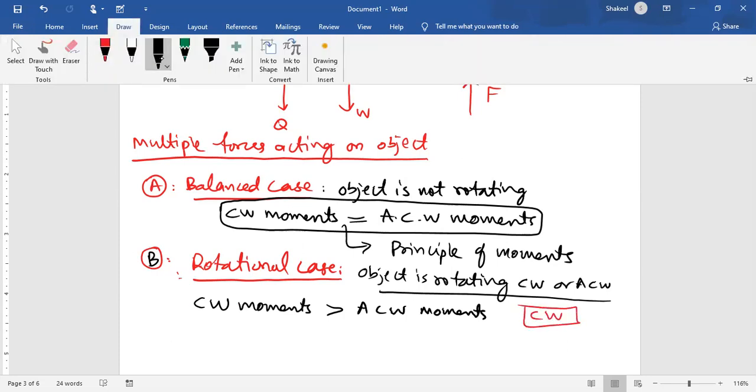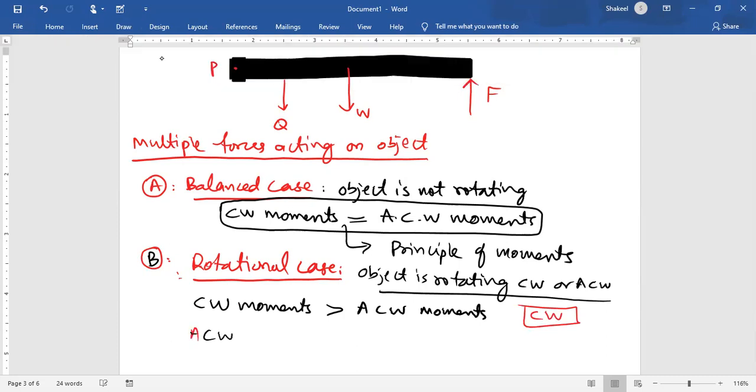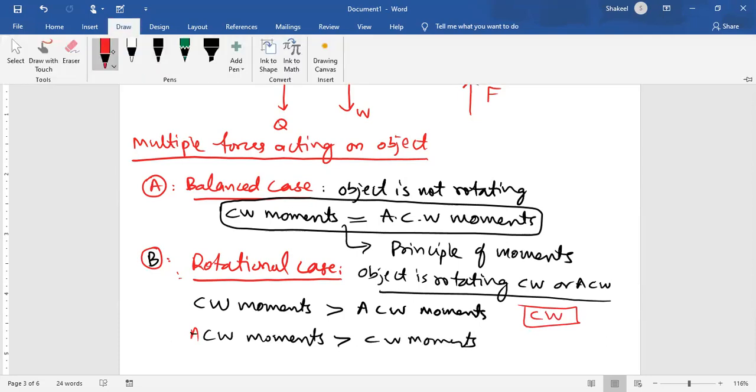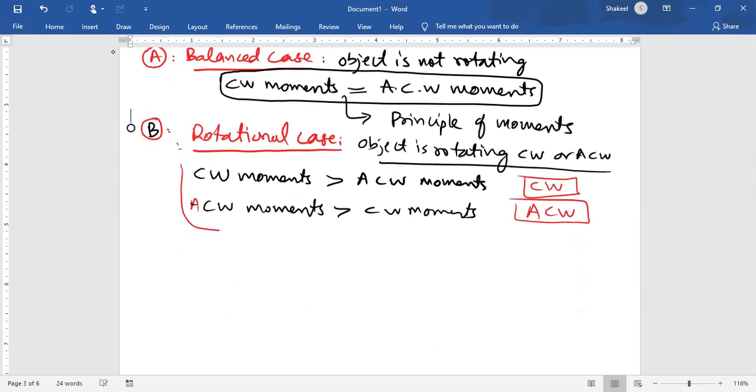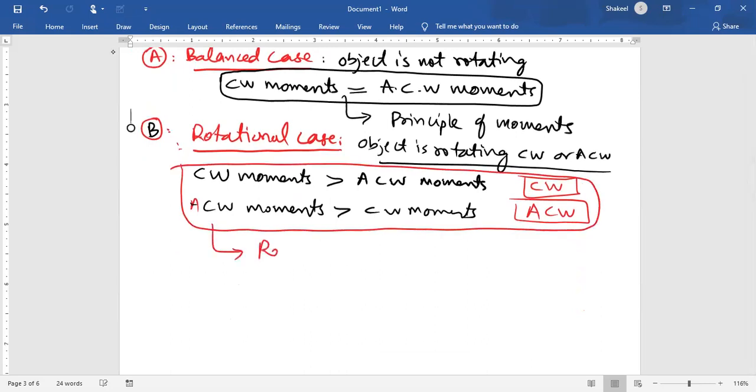And if anti-clockwise moments are greater than clockwise moments, of course the object is going to rotate in the anti-clockwise direction. Both cases are cases of resultant moment.